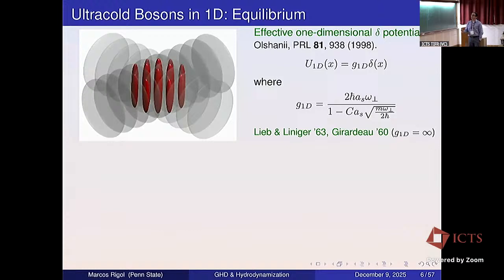And when you have bosons in 1 dimension interacting with contact interactions, you heard about them yesterday. They are essentially modeled by the Lieb-Liniger model, where this is the contact interaction. And since the experiments can change this g to make it very large, they can also reach the regime where you can think of this as being infinite, and that's what is called the Tonks-Girardeau regime, in which you can map bosons to fermions.